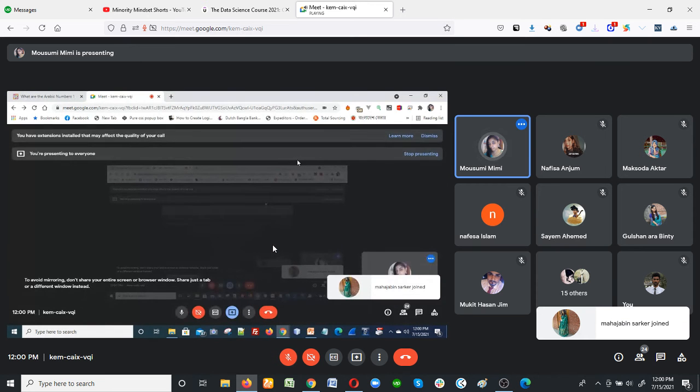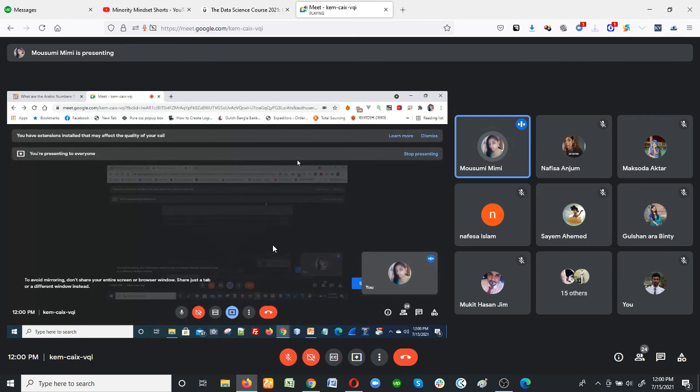When I am running my computer system, at that point of time my user mode is running. But if I try to install any application software, at that point of time my kernel mode is actually working.